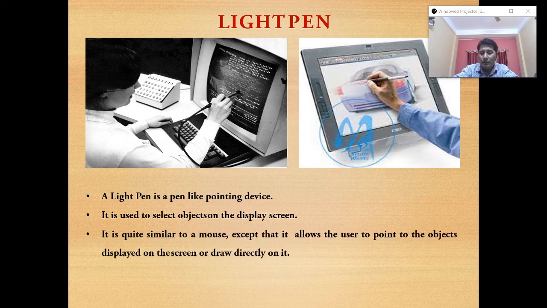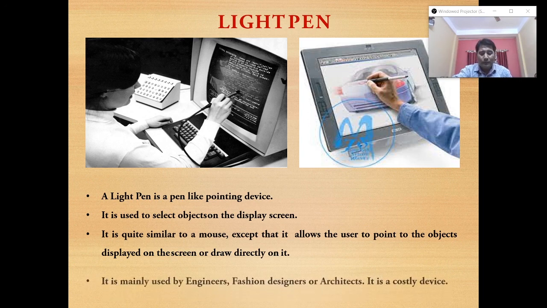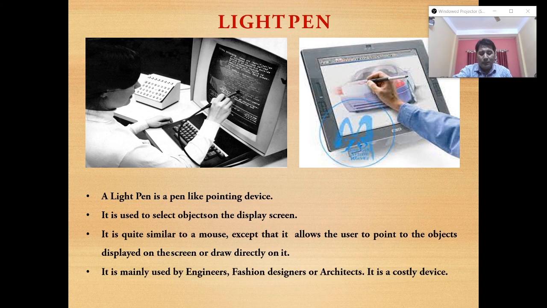It is quite similar to the mouse, except that it allows the user to point to the object displayed on the screen or draw directly on it. So light pens are basically used with the CRT monitors. It is mainly used by engineers, fashion designers or architects, and it is very costly.